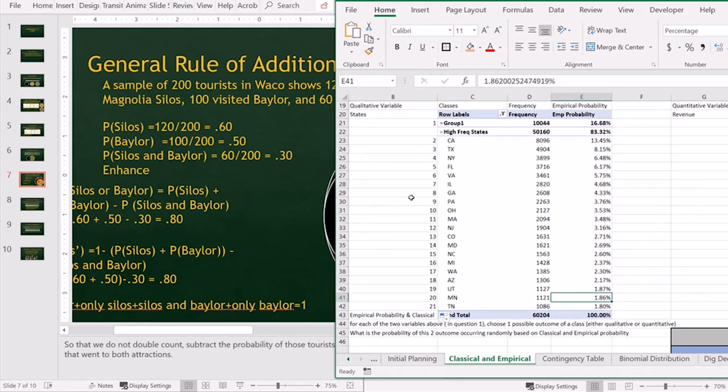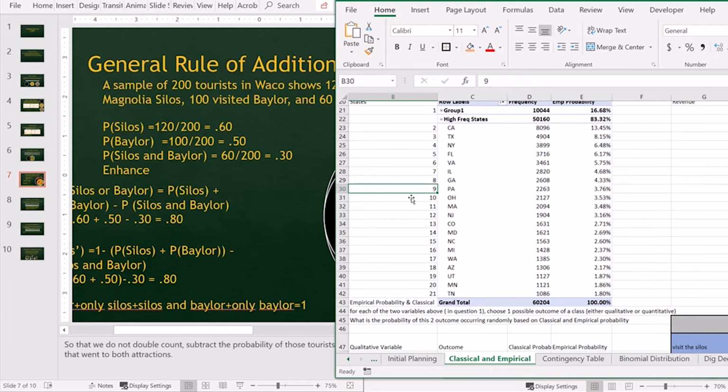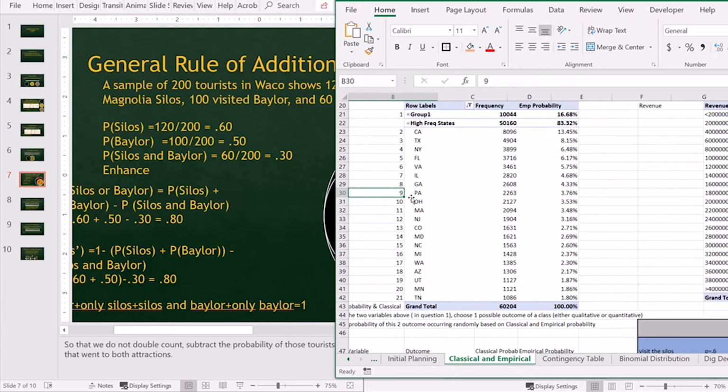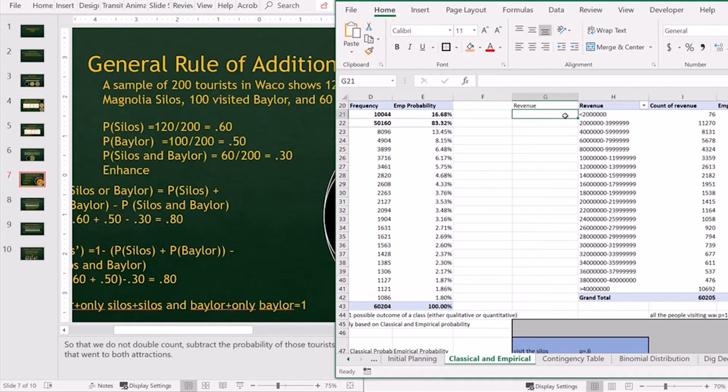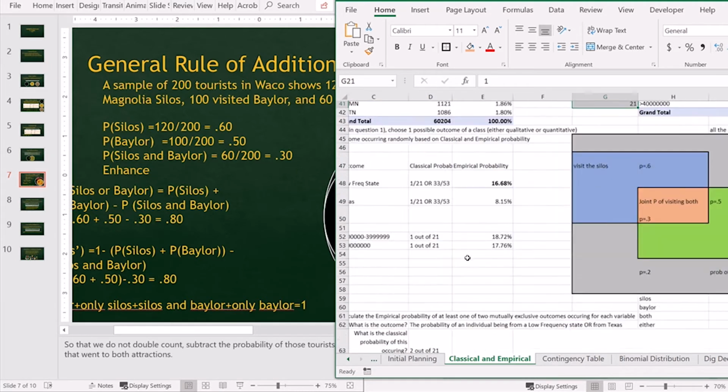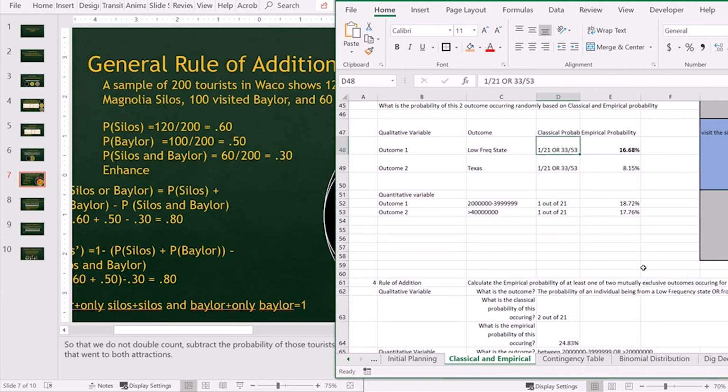So how many total classes are there? 21. And then over here, how many total classes are there? 21. Okay, so we're going to come down here, 21. So there's 21, and so what is the classical probability of this?